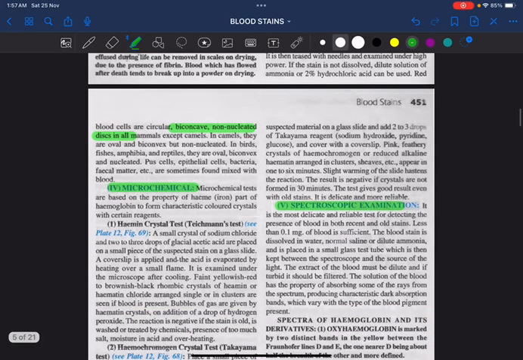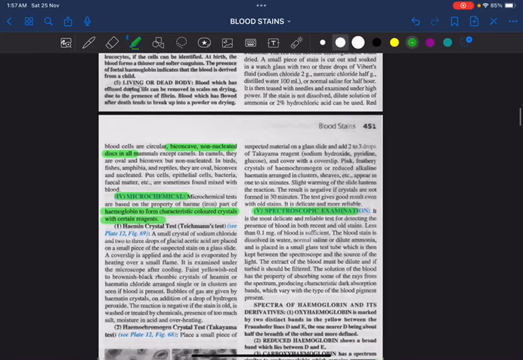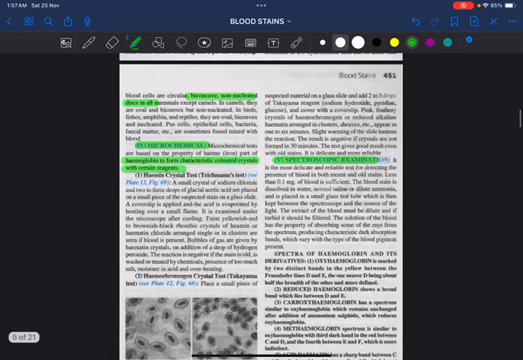Coming to the microchemical test, this is based on the property of the heme part of the hemoglobin, which has a tendency to form characteristic colored crystals when used with certain reagents. Here we have certain named tests. Out of that, the two most important ones are the hemin crystal test, also called the Teichmann test, and the hemochromogen test, also called the Takayama test.